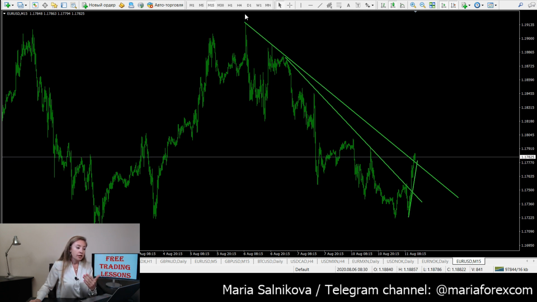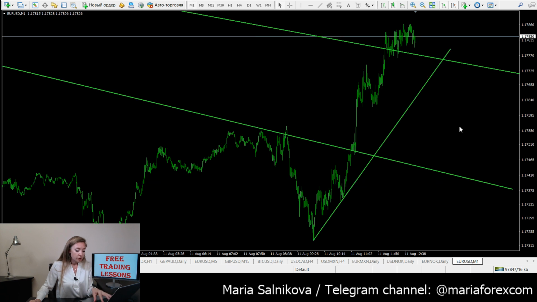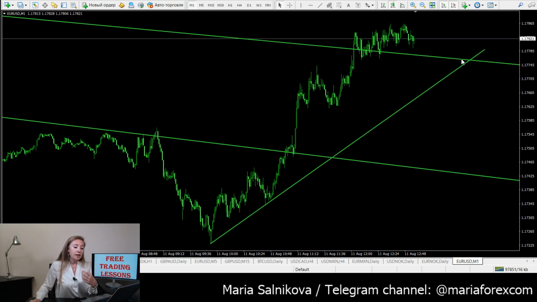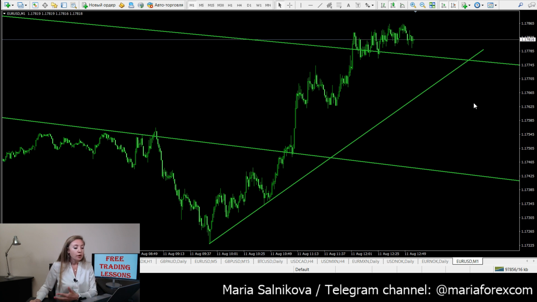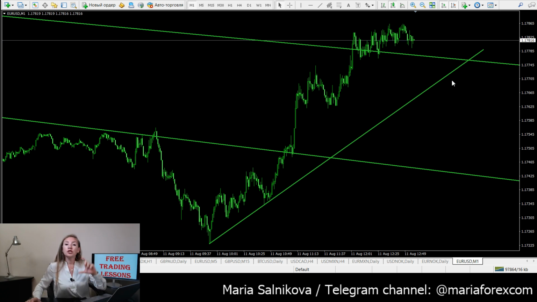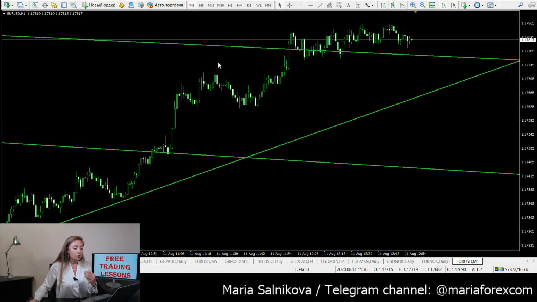You go on the 1-minute chart and you can get a buy signal if they give you a rebound from this tendency. What does rebound mean? When price touches this tendency line and goes up, you see a candle with a shadow from the bottom side, like this one. For example, I'm just trying to show you a candle with a shadow.